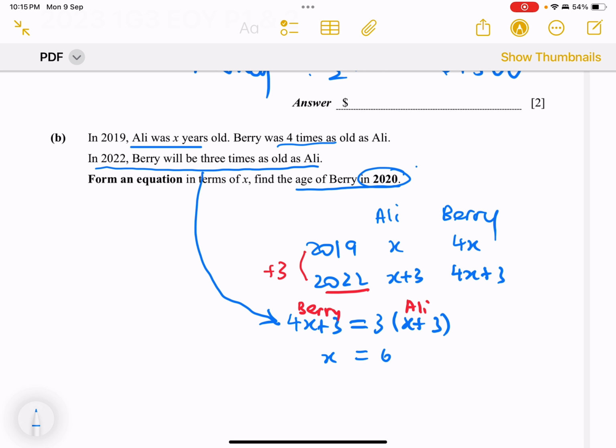Barry's age in 2019 is 4 times X, then in 2020 is 1 year after 2019. So that is 25 years. Don't forget the units.